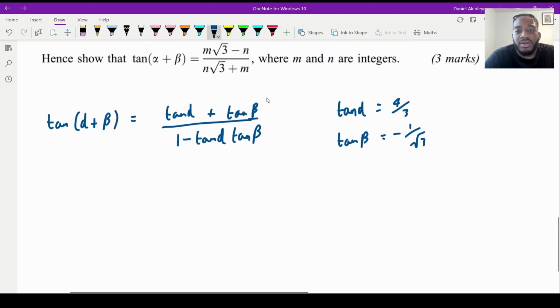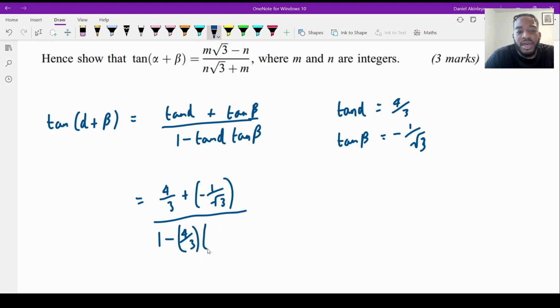So that's fine. We've got this here. Now all we're going to do is just plug all of these in. So putting this in, we've got tan alpha is 4/3, and then plus that there, which is minus 1 over root 3, and then over 1 minus tan alpha, which is 4/3, put this in a bracket, and then minus 1 over root 3.